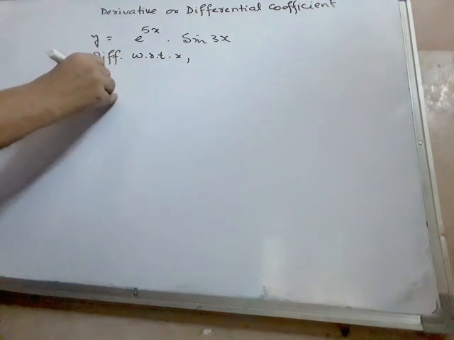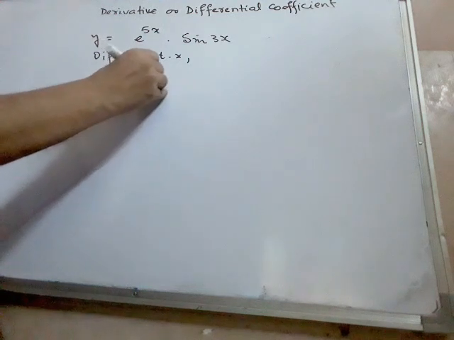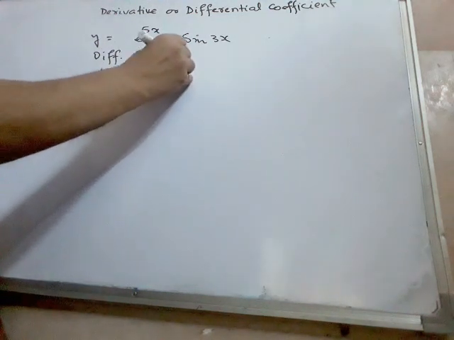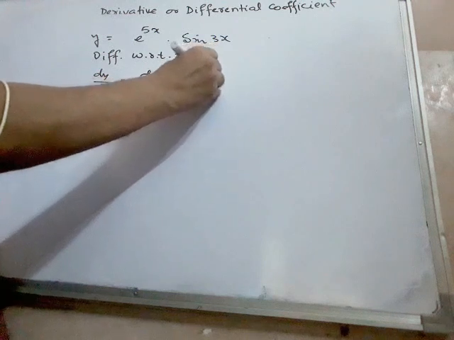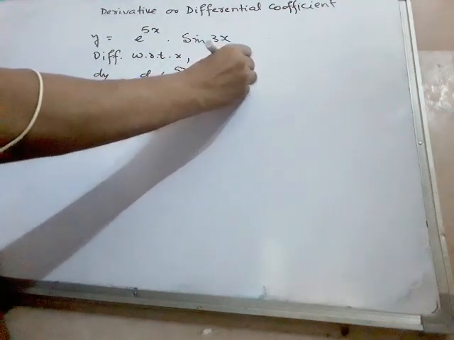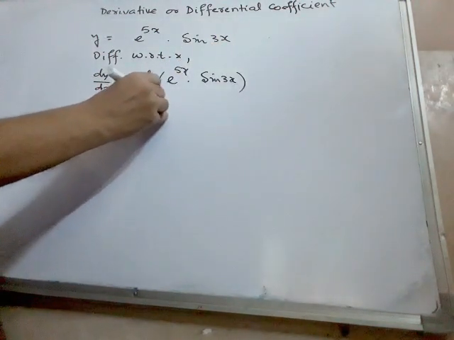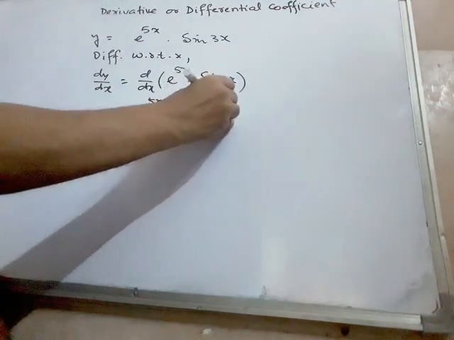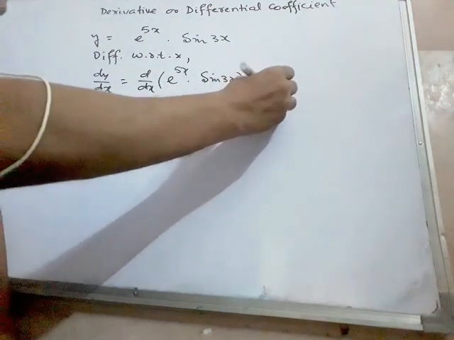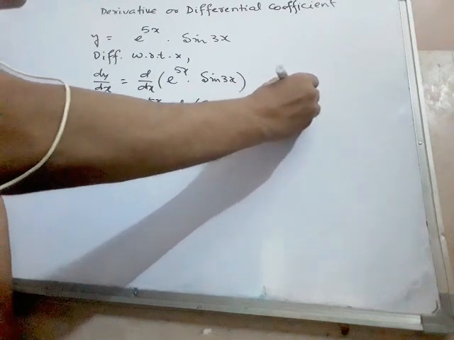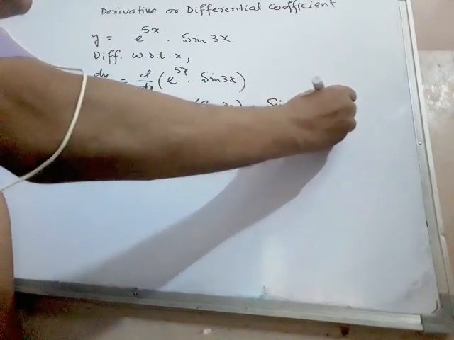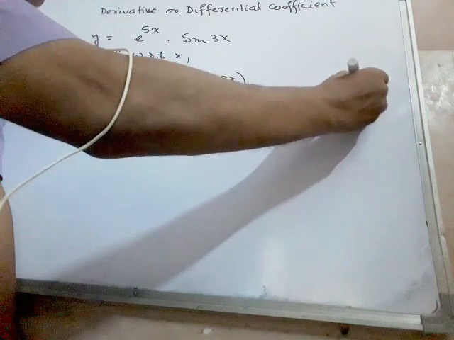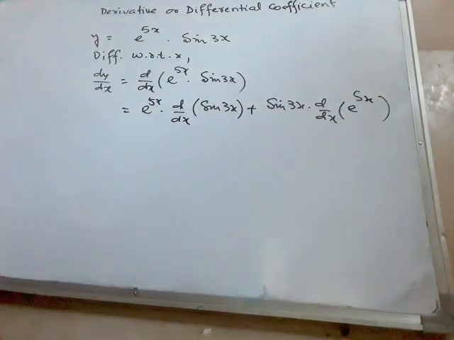Dy by dx equal to d/dx of e to the power 5x into sine 3x. First function into derivative of the second plus second function into derivative of the first.